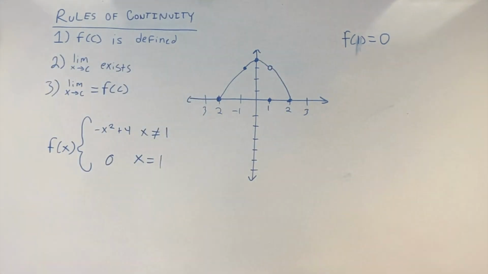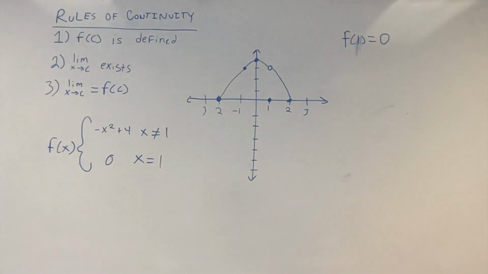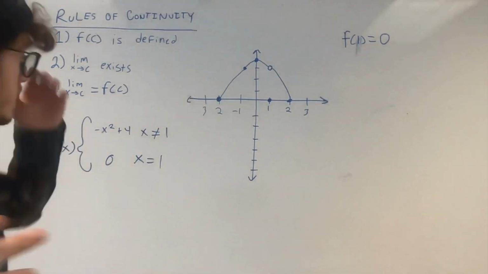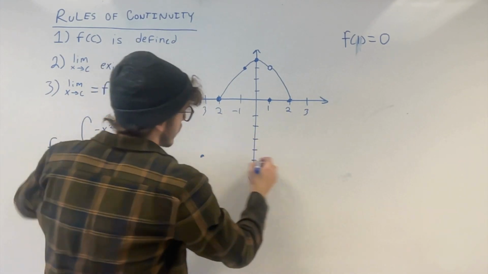And then 3 squared is 9, negative 9 plus 4 gives us negative 5. I cannot do mental math to save my life, especially when my brain is in lecture mode. I apologize. 1, 2, 3, 4, 5.